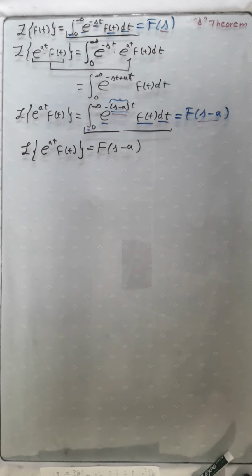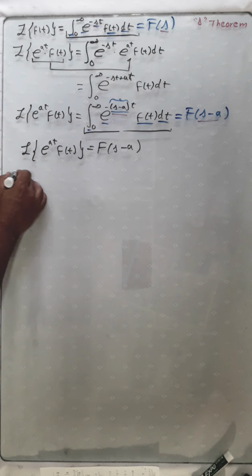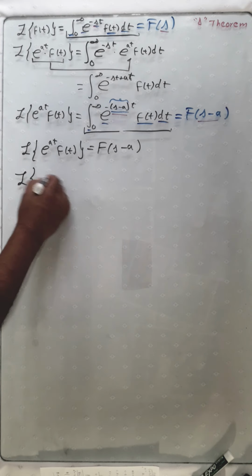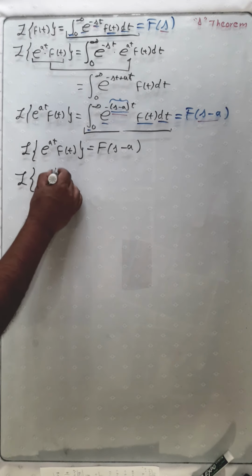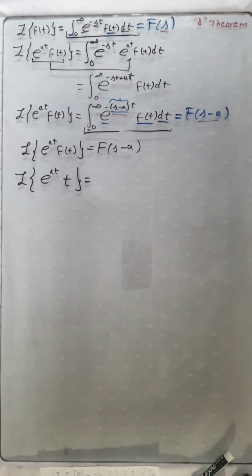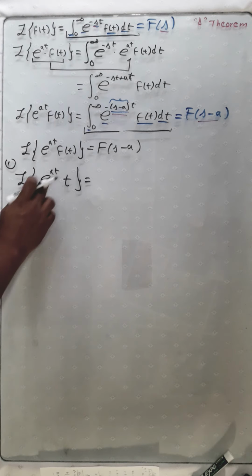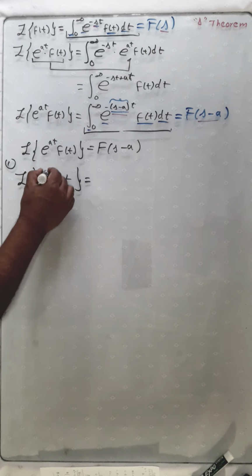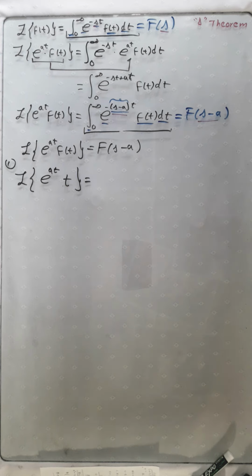Okay, let's see some examples. Let's do this Laplace transform. What is the Laplace transform of exponential of at times t? This is just a little example. Let's use a generic a so that we can develop a formula.